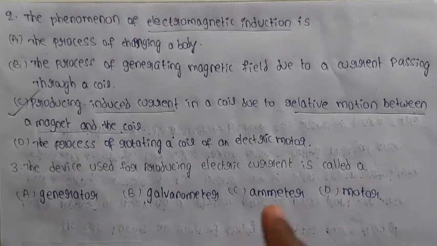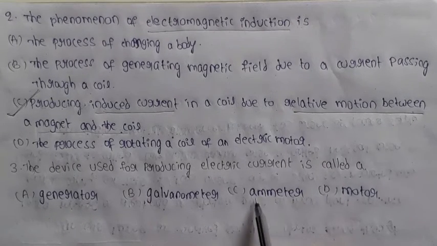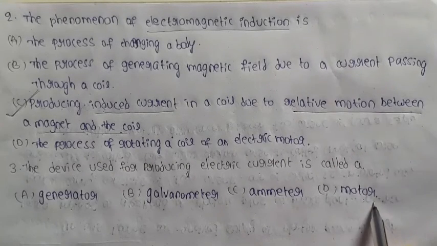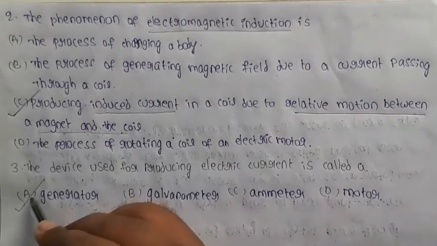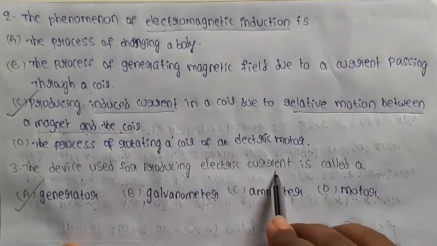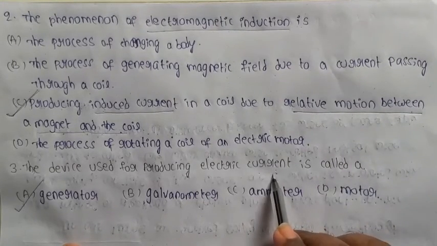Galvanometer is to measure the electric current. Ammeter also only measures the flow of current. Motor converts electrical energy into mechanical energy. So option A is the correct answer. Generator is for producing electric current, that is either alternating current or direct current.